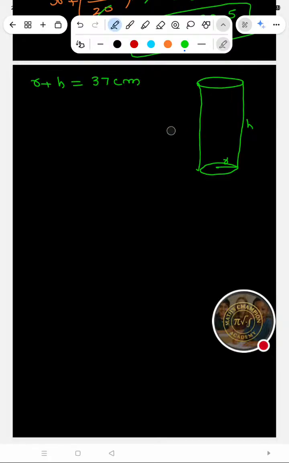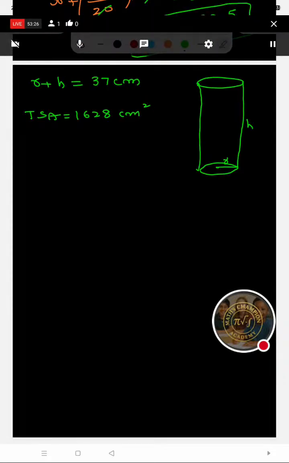If the total surface area is given, what is the total surface area? Total surface area of the cylinder is 1628 centimeter square. Okay. Now next, find the volume of the cylinder. What is the formula?